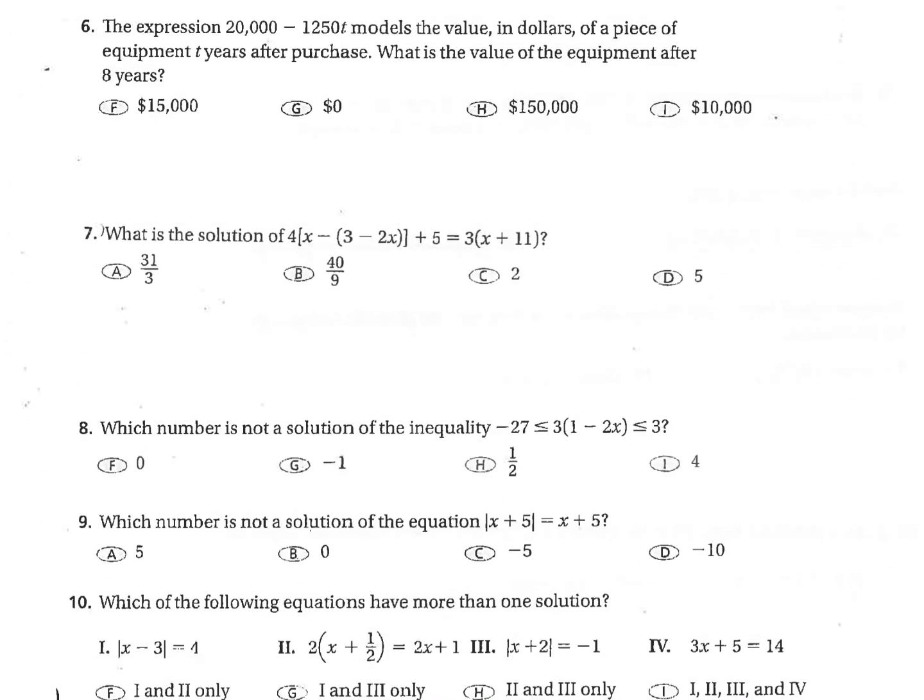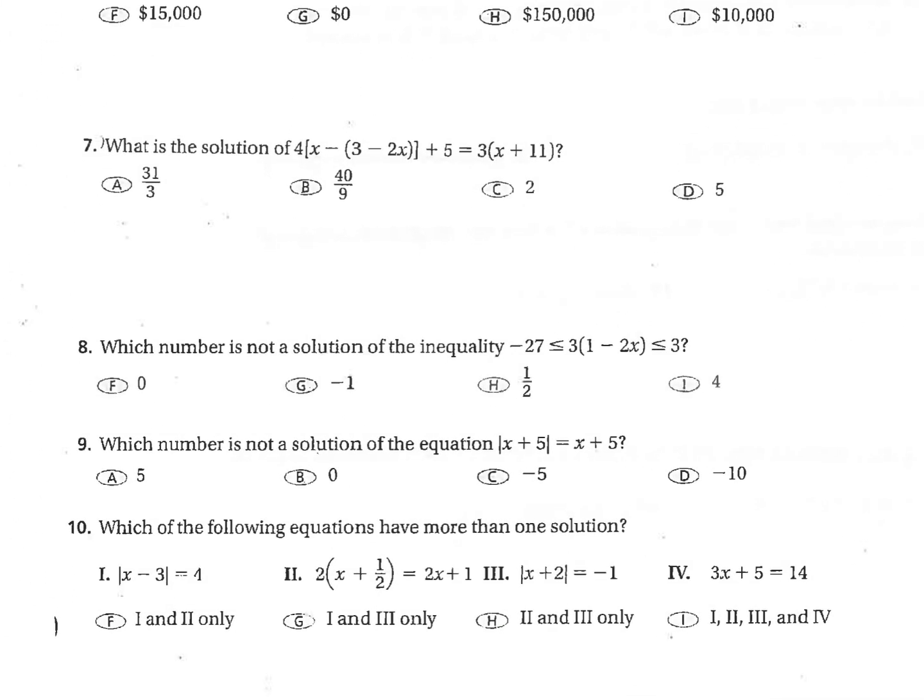Which one? That one? Okay, so we have, oh wait, is that the one you were thinking? Because there's another 7 from the multiple choice. Chapter 1. Okay, yeah, this one.